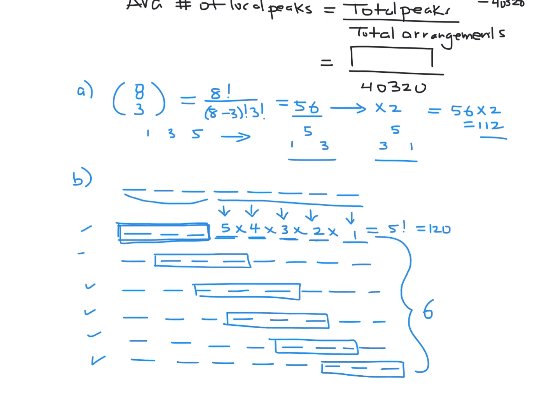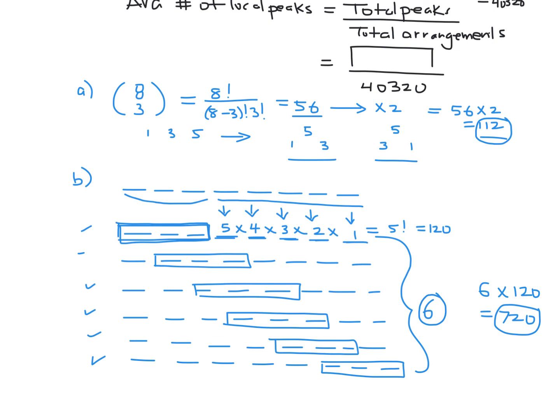Okay, so now let's put it all together. So I've got 6 scenarios, and for each scenario, I've got 120 combinations. So that's 720. And then for each of these, I've got 112 different possible ways of doing that.